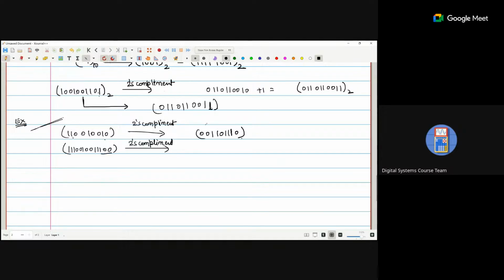Again, till first one, no changes. So 1 0 0 as it is. After that, every bit will be inverted. 1 1 0, 1 1 0 0.